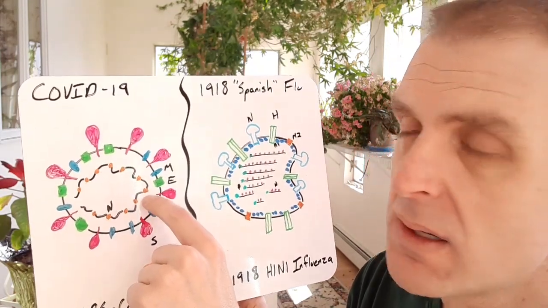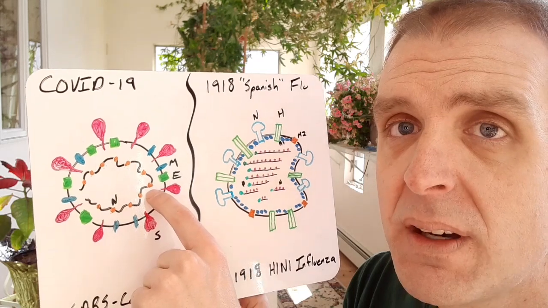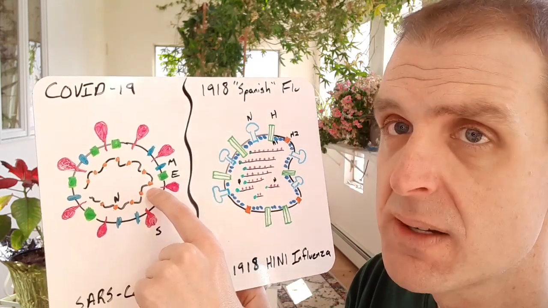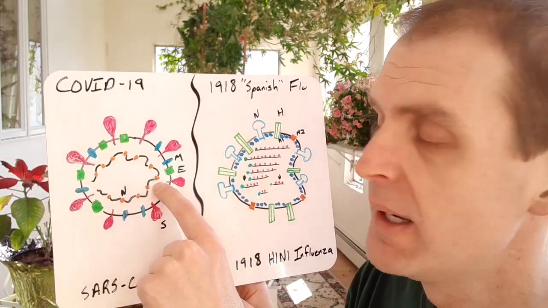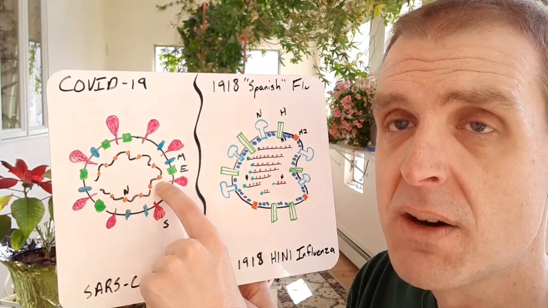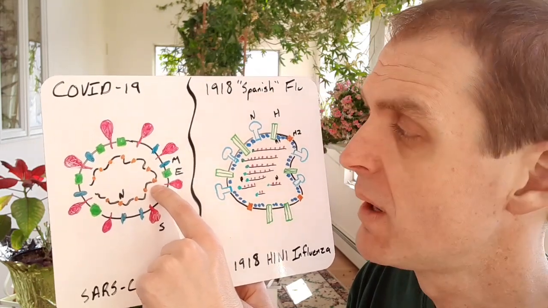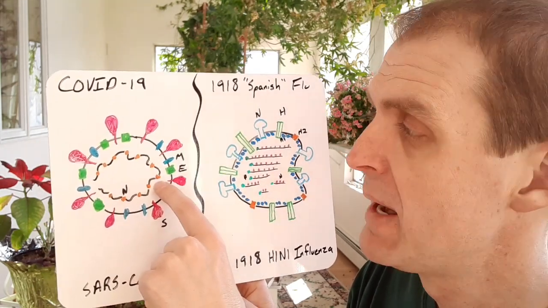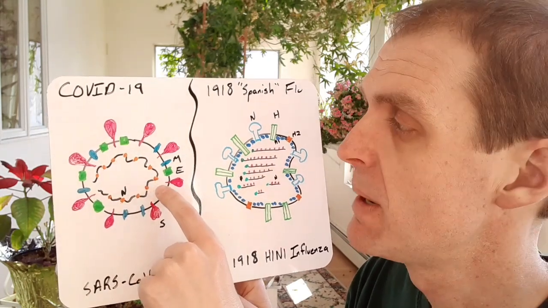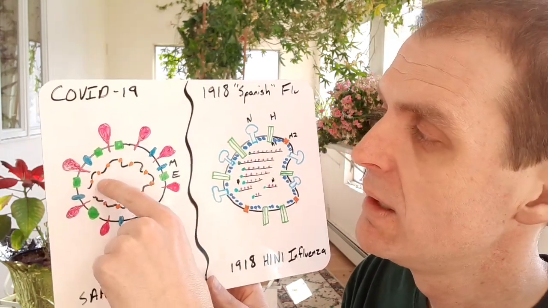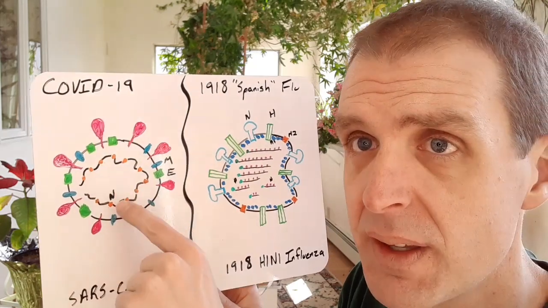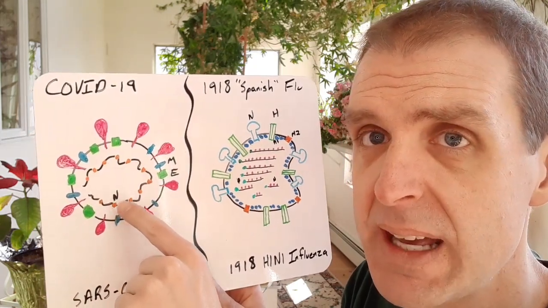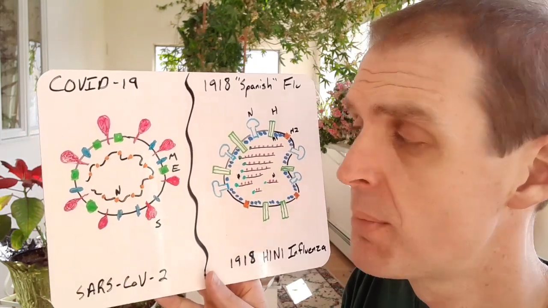Within the virus, you have one really long positive sense RNA genome. As far as RNA viruses go, this is one of the largest RNA genomes around. It's maybe 30,000 base pairs long, and it is associated with this orange protein that I labeled N. That's a nucleocapsid protein.